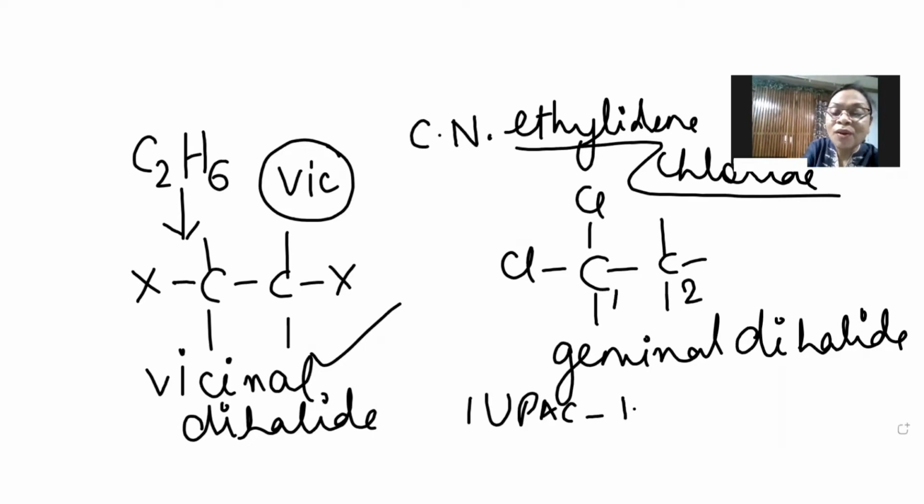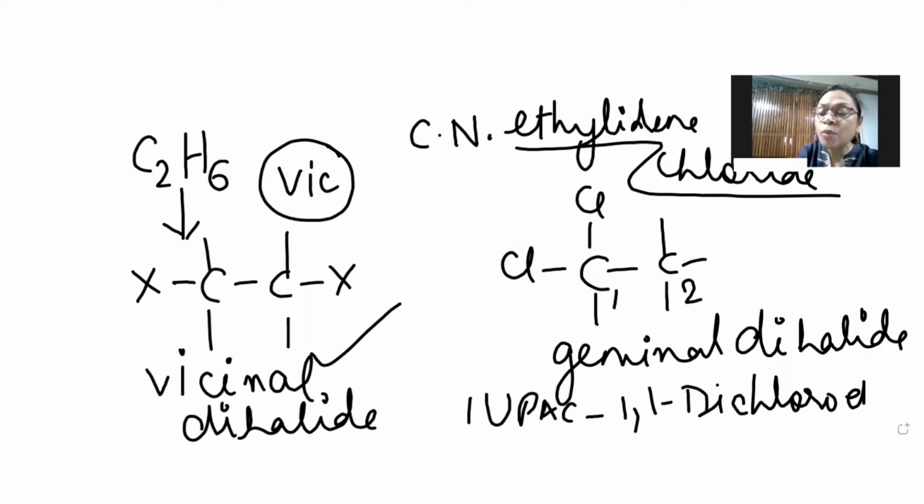So this would be called 1,1-dichloroethane. I hope you still remember that the carbon to be numbered first is the carbon which contains the functional group. So the IUPAC name of this compound is 1,1-dichloroethane.